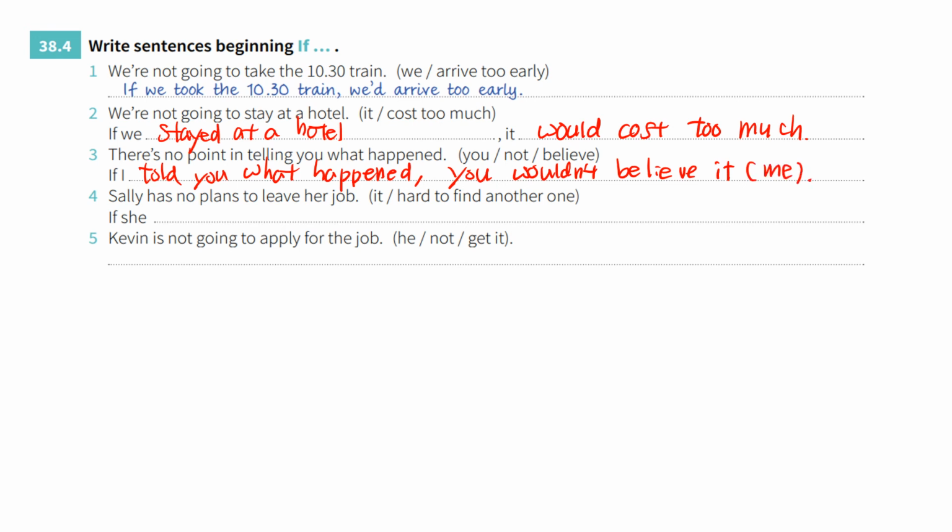Number 4, Sally has no plans to leave her job. It's hard to find another one. If she left her job, it would be hard to find another one.